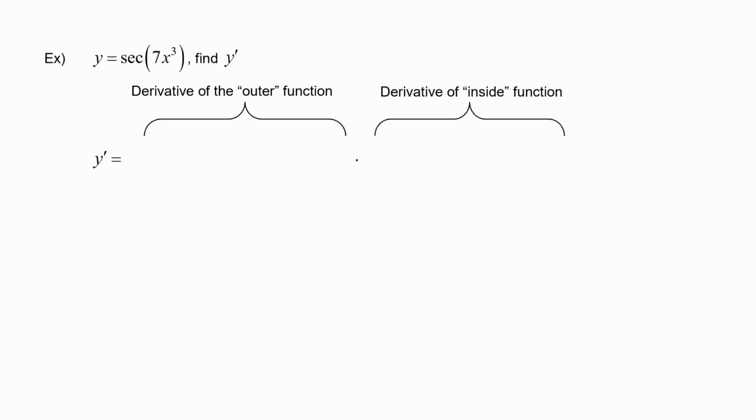In this example, y equals the secant of the quantity 7x cubed. Find y prime. So what we have to do is first find the derivative of the outer function. Now, the outer function in this case is the secant.